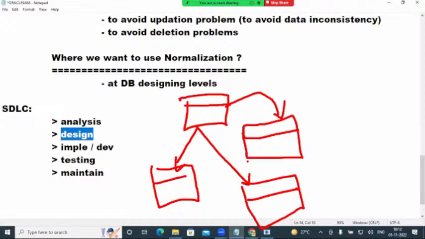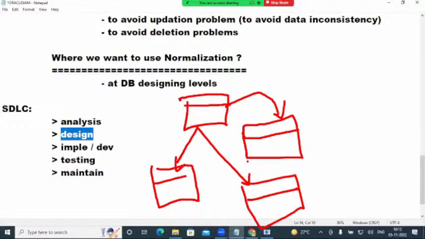After that, the development part is sent to testing people. Testing people will test whether this table and that table have a relation that works properly, whether data is stored consistently, whether any inconsistency problem, duplicates or nulls occur. They check these things. If it is okay, they send it to maintenance people, and finally it is submitted to the client.